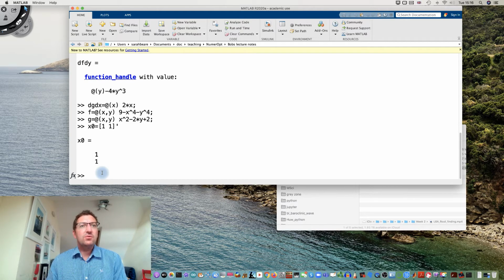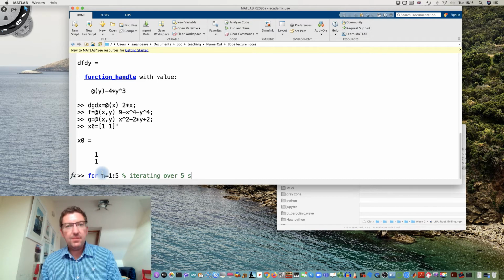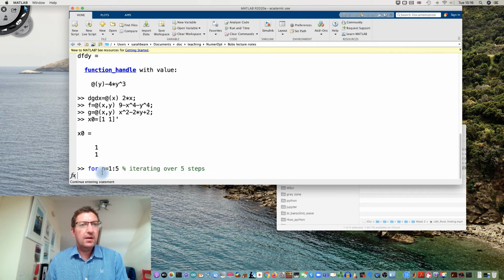So I really recommend you try this in your own time with your MATLAB platform. Get a feel for how it works, and then we're going to iterate. So here we're iterating over 5 steps in the for loop. Then we're going to define our Jacobian.